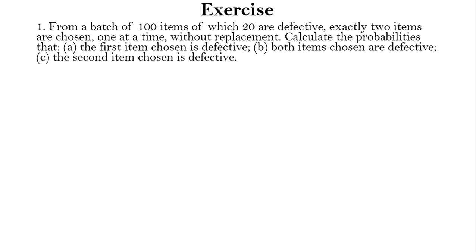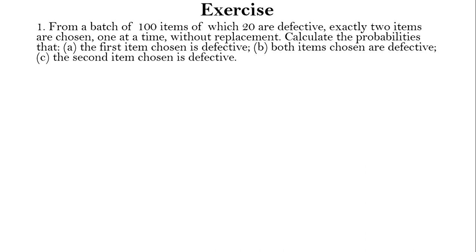The first one, a typical exam scenario, which still looks at defective items. From a batch of 100 items, of which 20 are defective, exactly 2 items are chosen, one at a time without replacement. Calculate the probability that the first item chosen is defective.